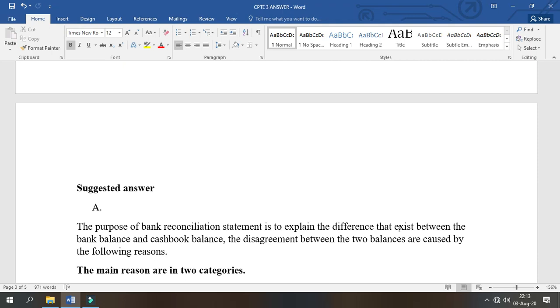So the disagreement between the two balances is caused by the following reasons.